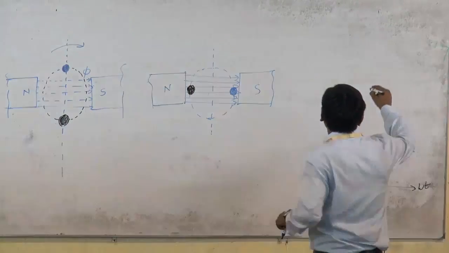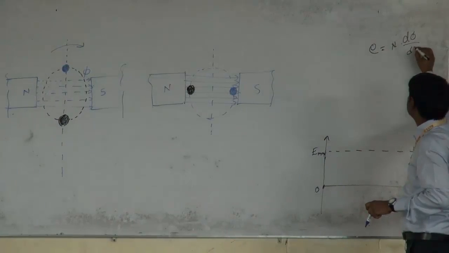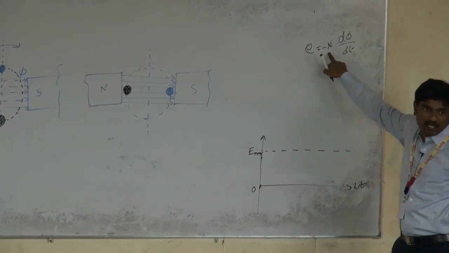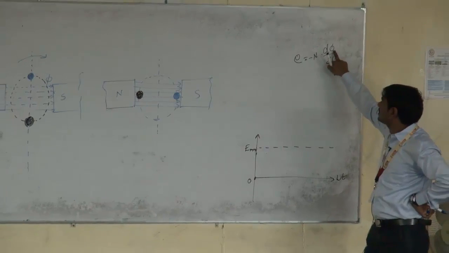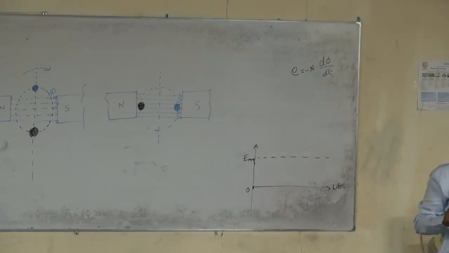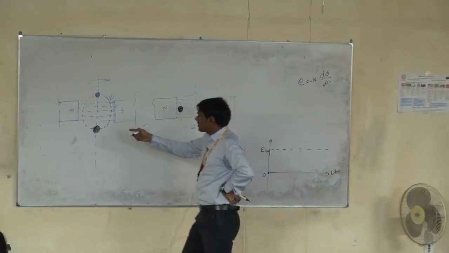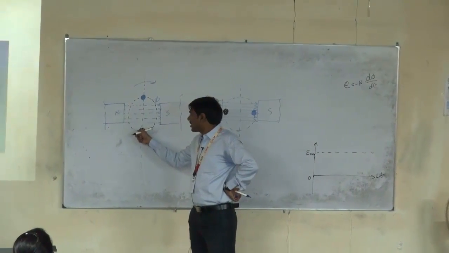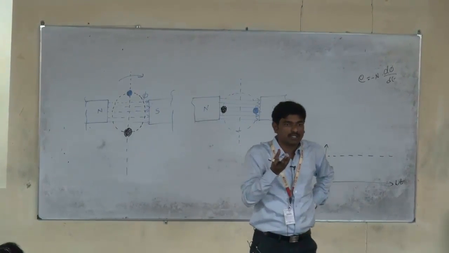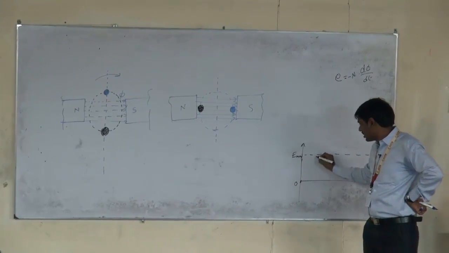So since E is equal to N d phi by dt, the magnitude of EMF depends upon the number of turns, and it also depends on the rate of change of flux, d phi by dt, and the magnitude of flux. Okay. In this case, as this conductor is cutting the magnetic flux from here to here, the magnetic flux strength increases. As the strength increases, the amount of induced EMF in the conductor increases. Okay.